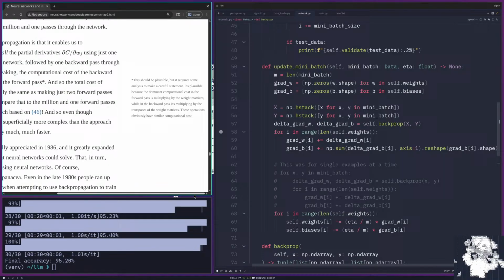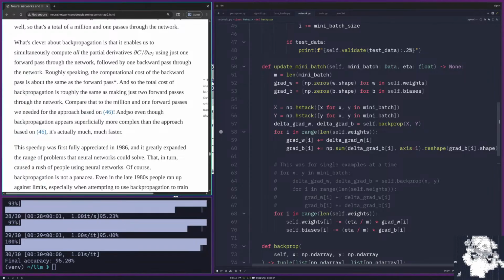It's plausible because the dominant computational cost in the forward pass is multiplying by the weight matrices, while the backward pass is multiplying by the transpose of the weight matrices. These operations obviously have similar computational costs. Compare that to the 1,000,001 forward passes we needed for the approach based on 46. And even though backpropagation appears superficially more complex than the approach based on 46, it's actually much, much faster.